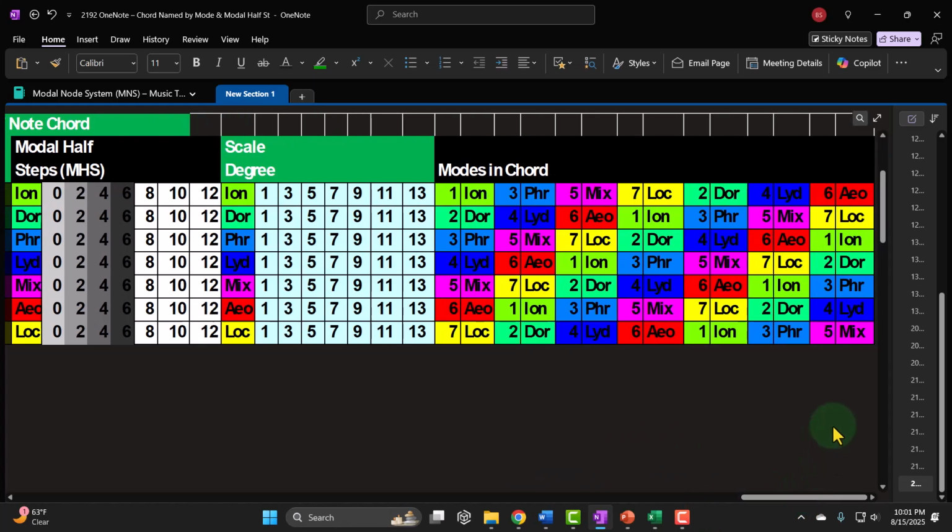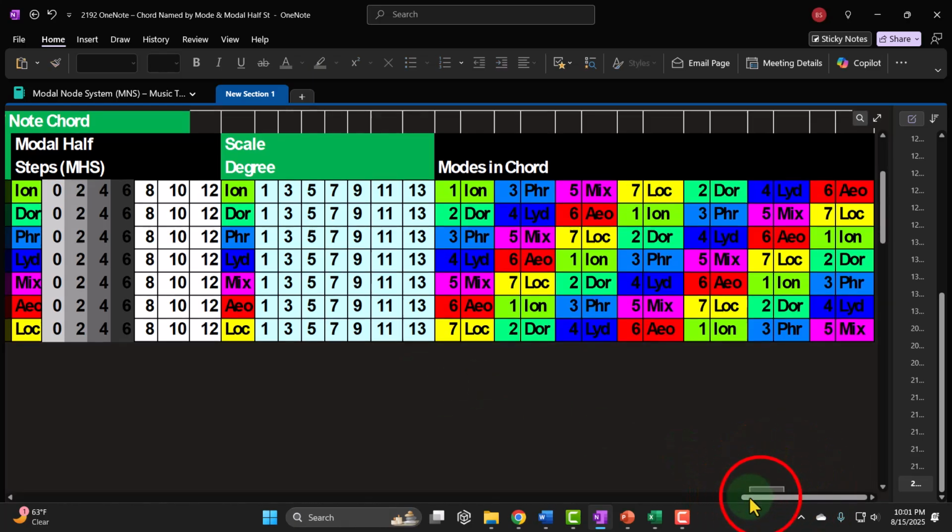We have then left off on the 3, plus 2 gets us to the 5. So the 5, or the Mixolydian node, is what we're naming the chord on, which has a distance of 12 modal half steps up, or the 13th scale degree, which is equivalent to the local scale degree of 6. All right? Whew, man, that was a lot.